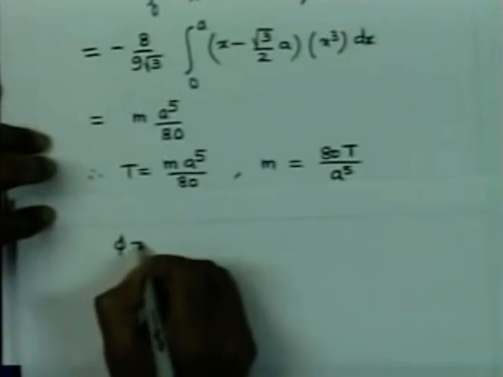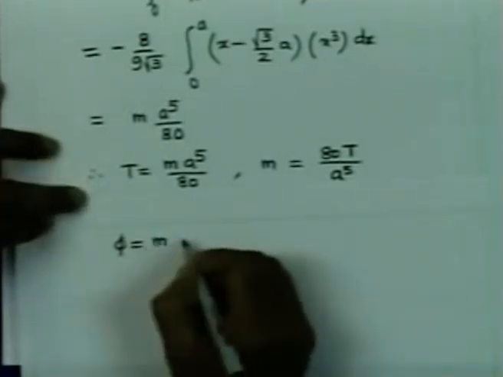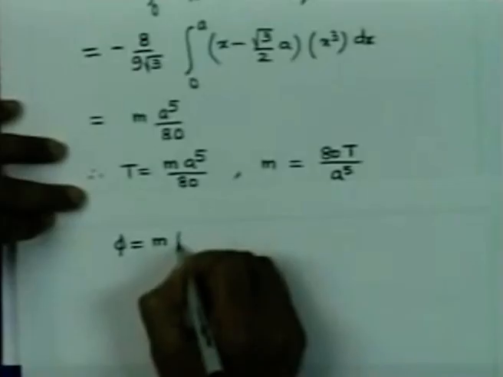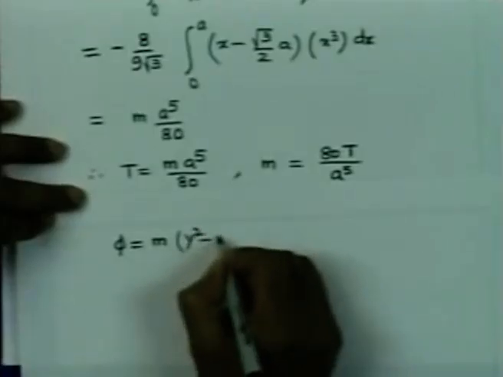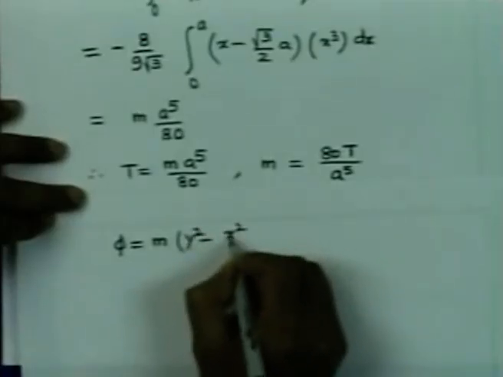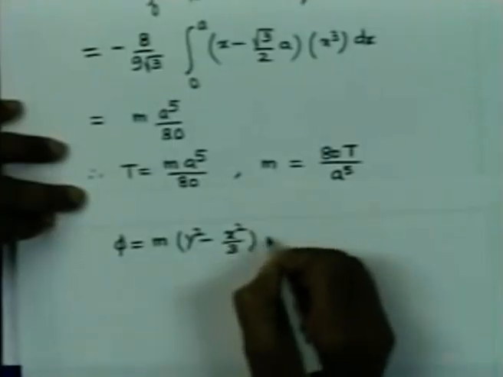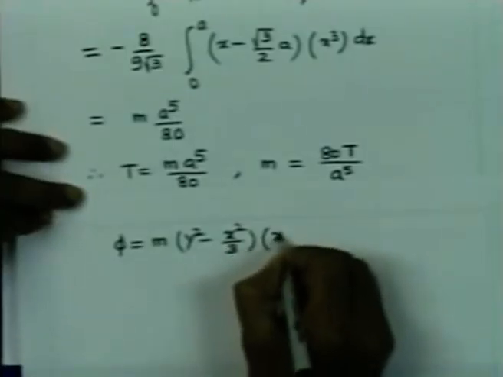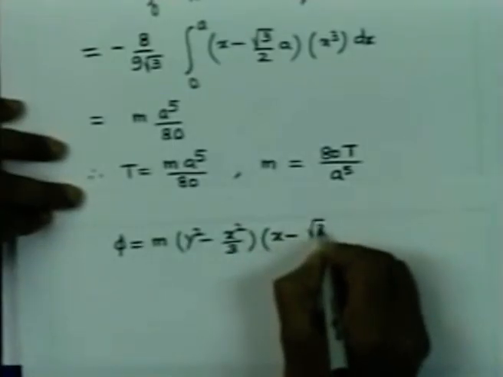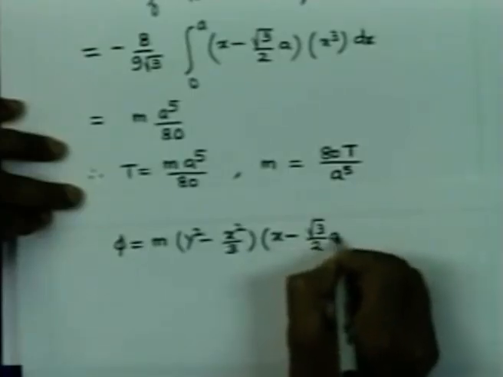Let us now get back to the expression for the phi function. Phi was given as m into y square minus x square by 3 into x minus root 3 by 2 into a.